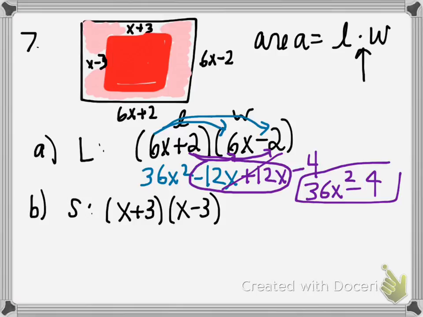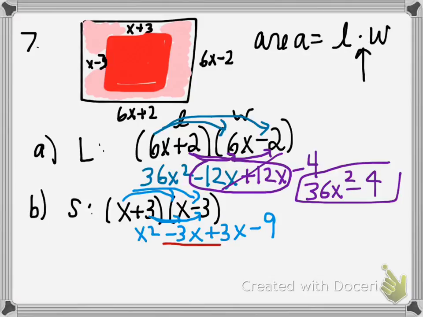So again, I have to write this in expanded form, so you're just distributing. x times x is x squared, x times negative 3 is negative 3x, 3 times x is 3x, and then 3 times negative 3 is negative 9. Again, you're going to get the same thing here because the signs are plus and minus. The x's cancel out, so these are completely gone. So the expanded form would be x squared minus 9.